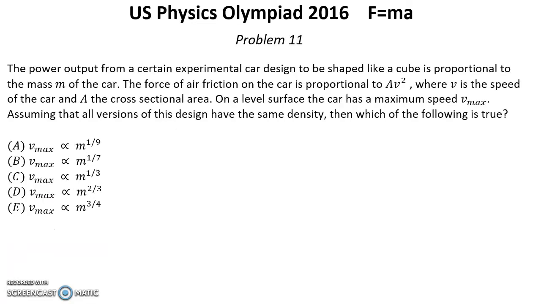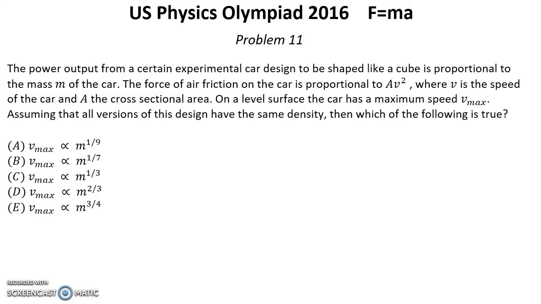Problem number 11. The power output from a certain experimental car designed to be shaped like a cube is proportional to the mass m of the car. The force of air friction on the car is proportional to AV squared, where V is the speed of the car and A the cross-sectional area.